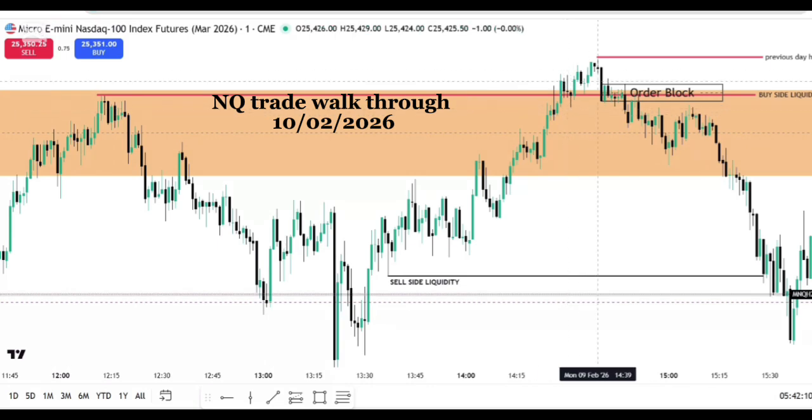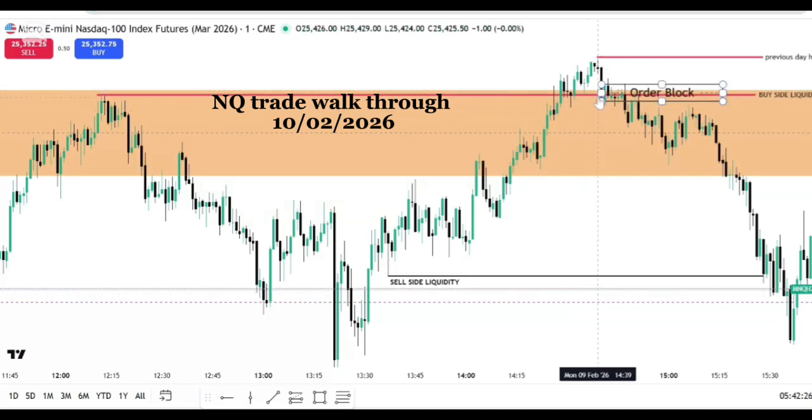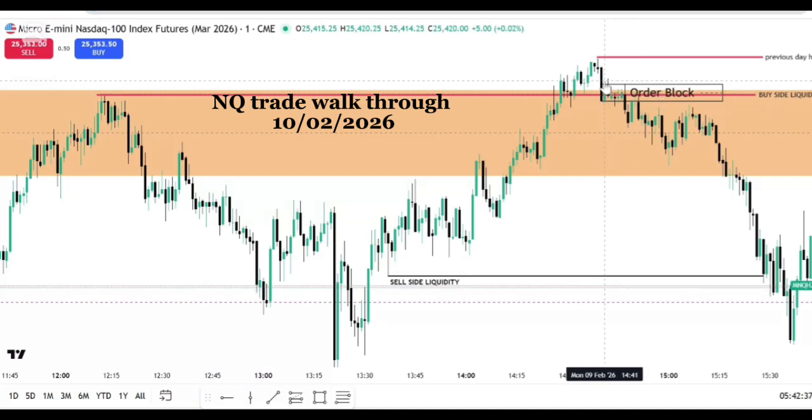for a market structure shift, which happened here on this low because it made this high, then low, then high again, low, then high, then we had this displacement, this bearish candle here. If you can see, even before price came back into the fair value gap, the low wasn't taken yet.